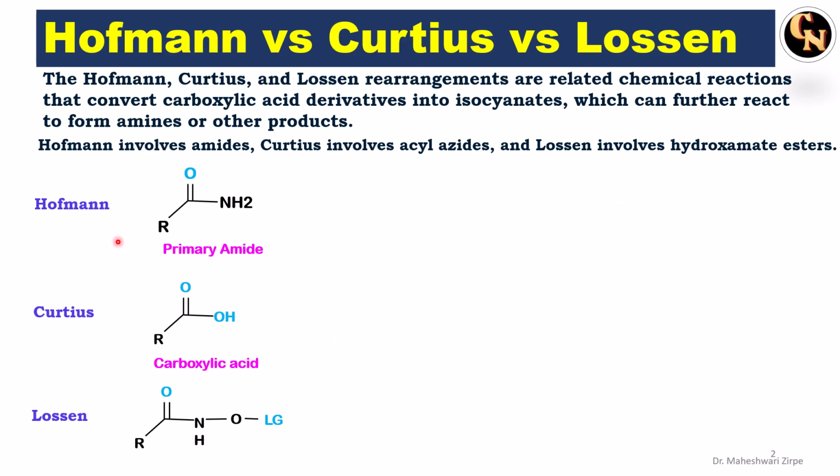In the Hofmann rearrangement reaction, primary amide is converted into isocyanate. Similarly, carboxylic acid of Curtius will first get converted into acyl halide and then converted into isocyanate. Similarly, in Lossen rearrangement, the hydroxamate ester gets converted into isocyanate and then converts into amine.